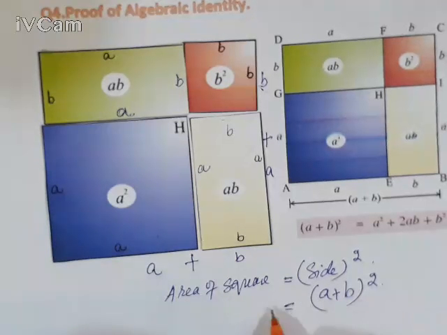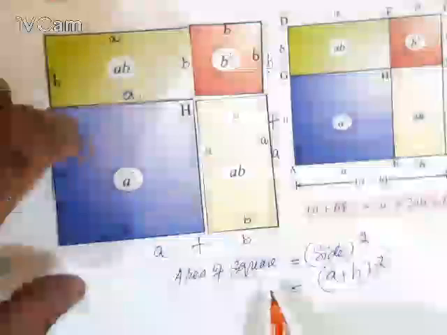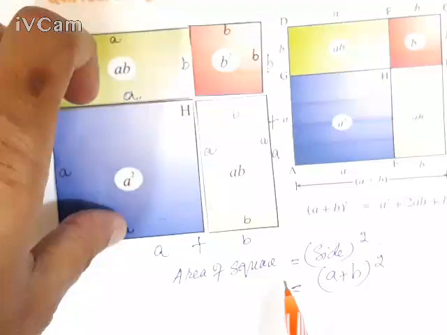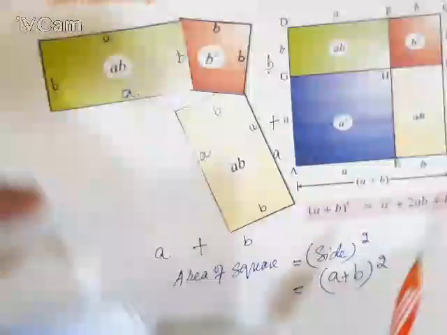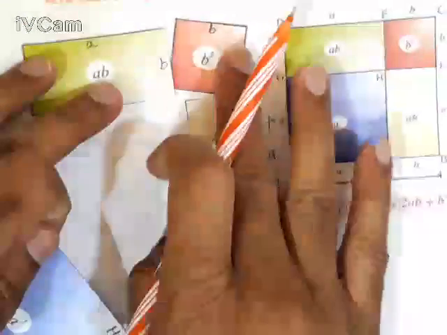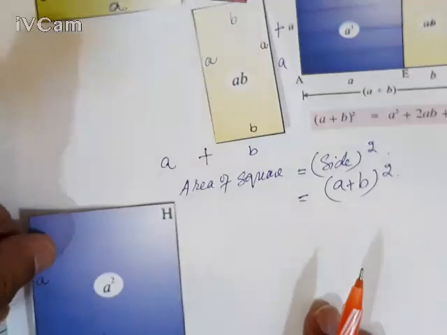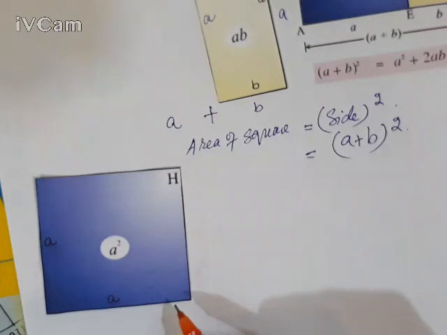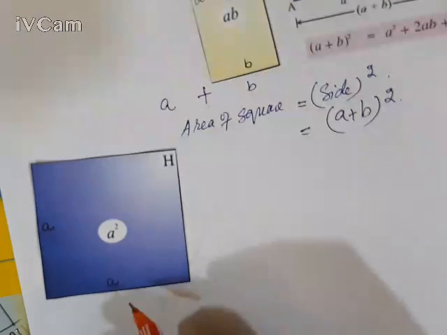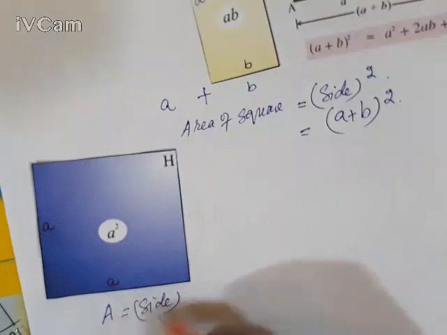Now the right side is here. Now we have to find out the left hand side. For the area of the square, if you pick this big square and put it over here, we know that the area of a square is side square.